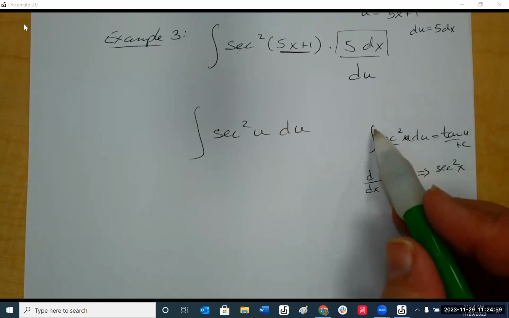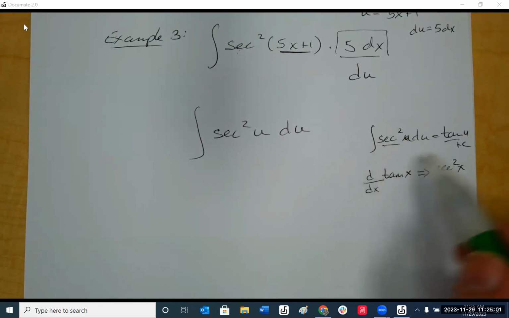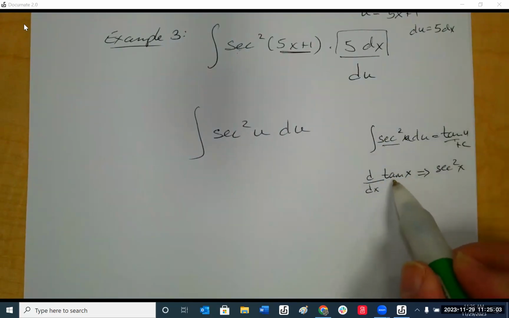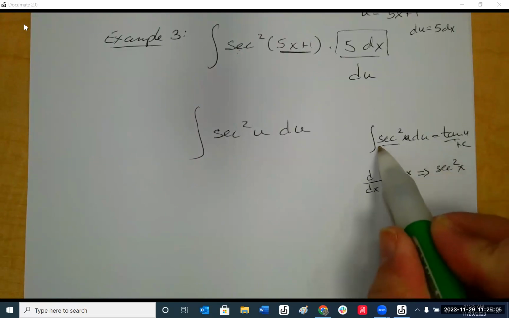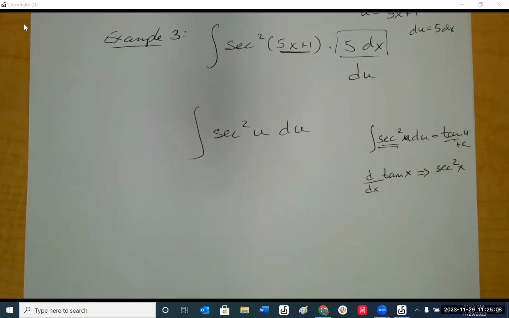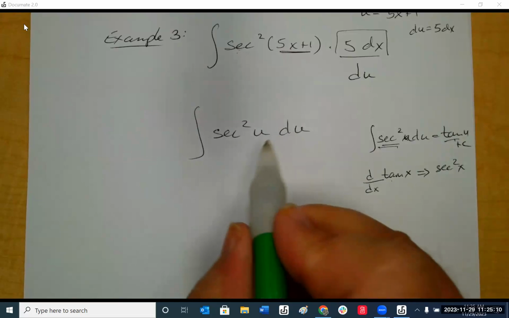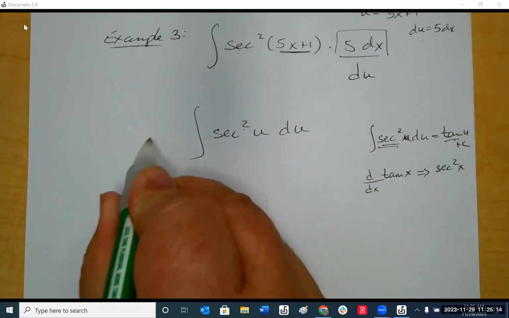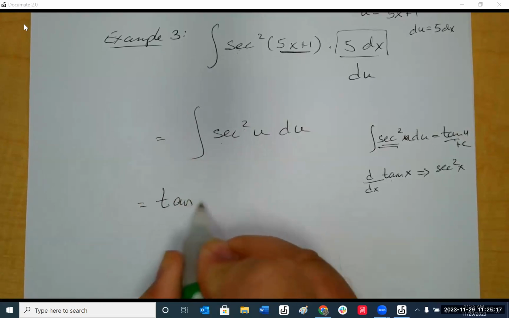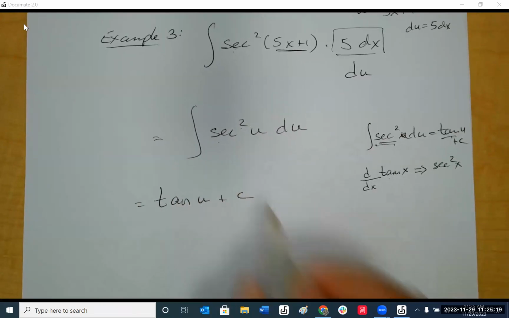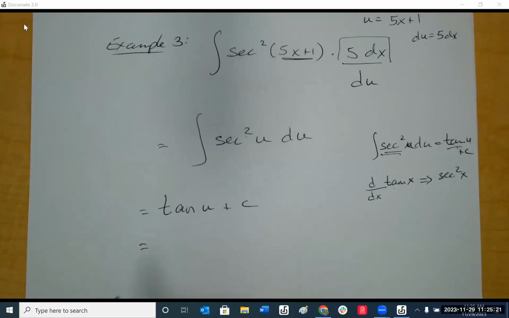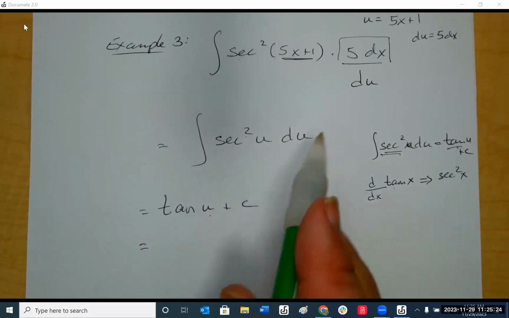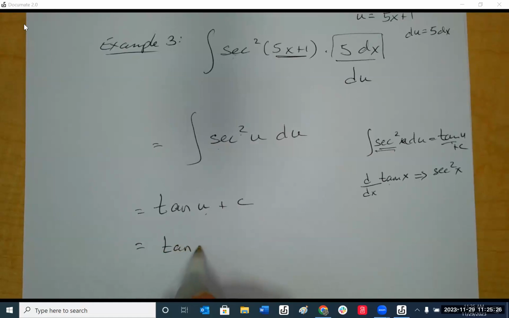So you don't always have to look at these integral cheat sheets to find the answer. You can look at the derivatives and see what derivative gives us this answer. So in this one, we see that the integral of secant squared is tangent u plus c. And since u was 5x plus 1, plus c, that's our answer.